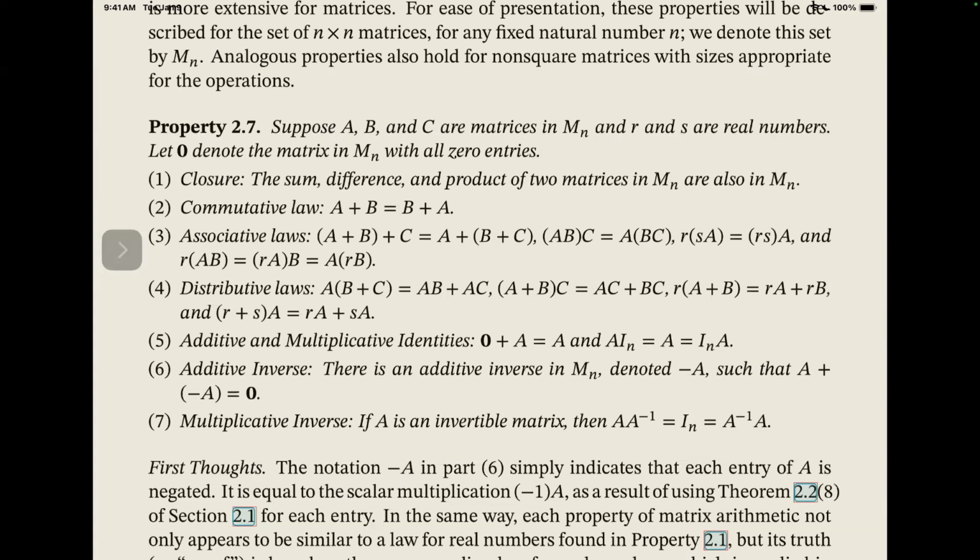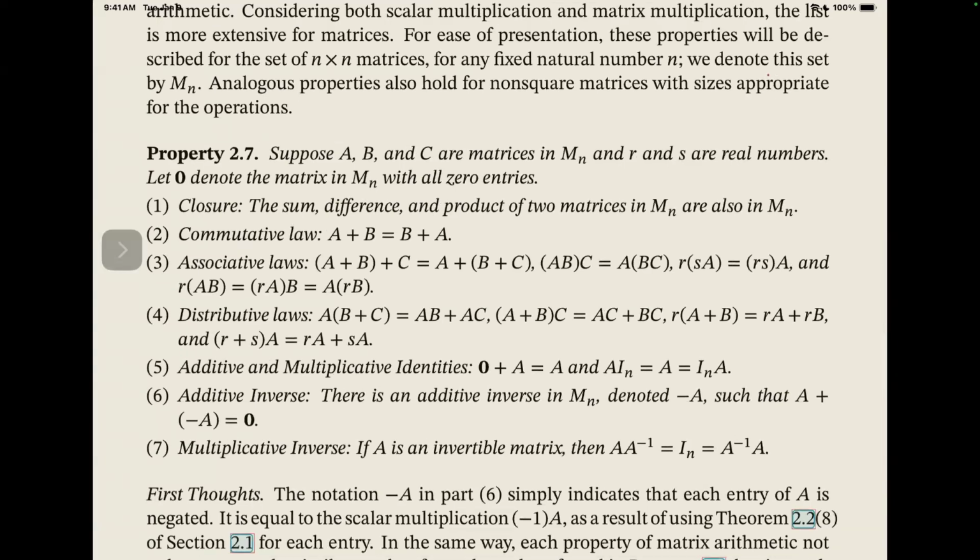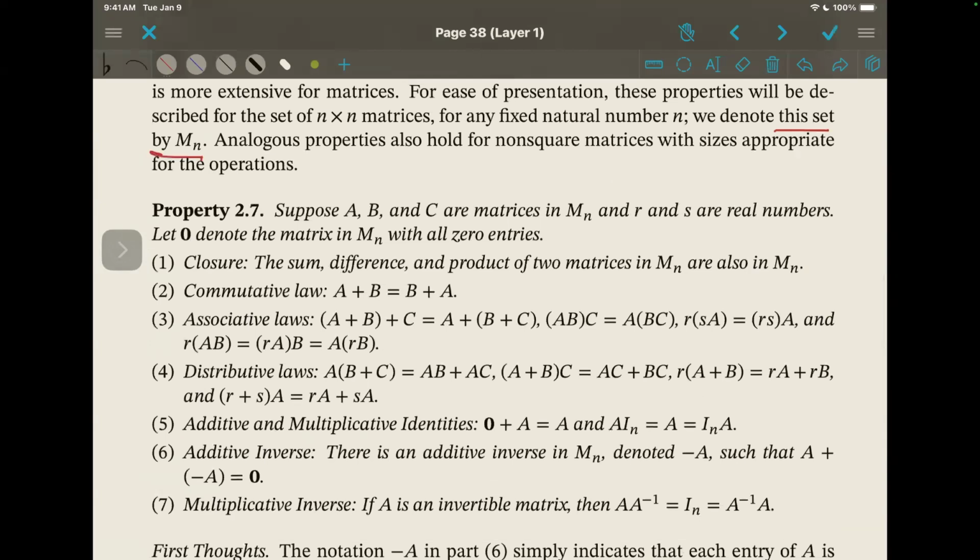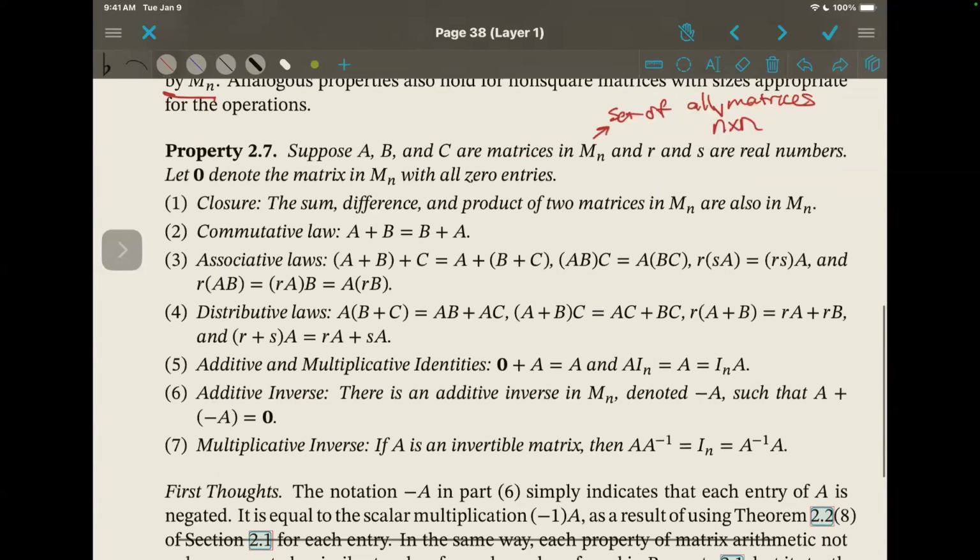So we have closure, where M and N is the set of matrices, specifically, N by N matrices. And so this is showing the same properties that we assumed for integers and real numbers. So closure: if we multiply or if we add or subtract two matrices, the result will also be a matrix.